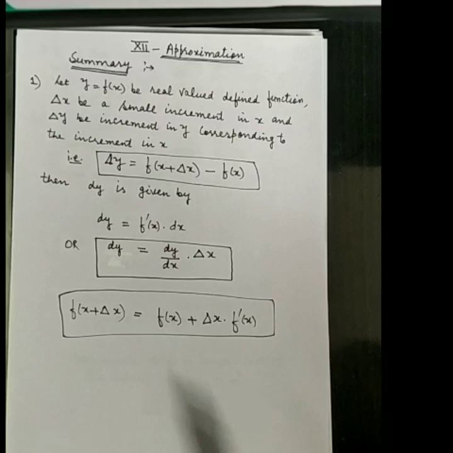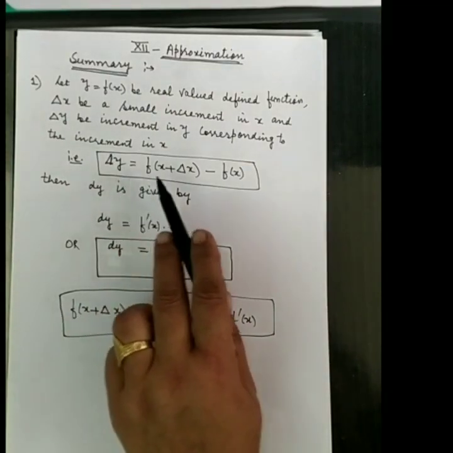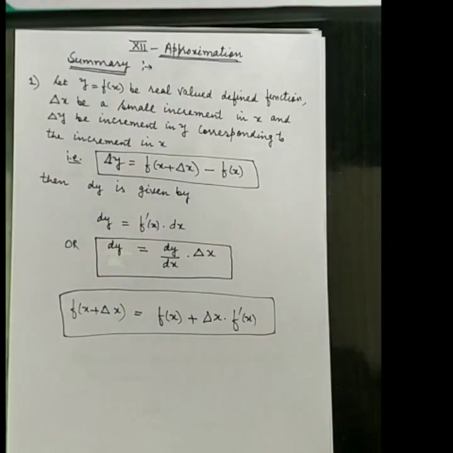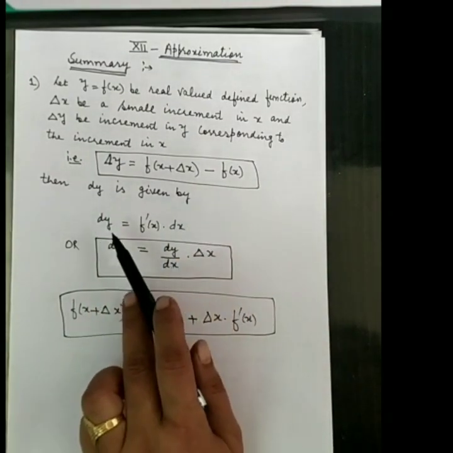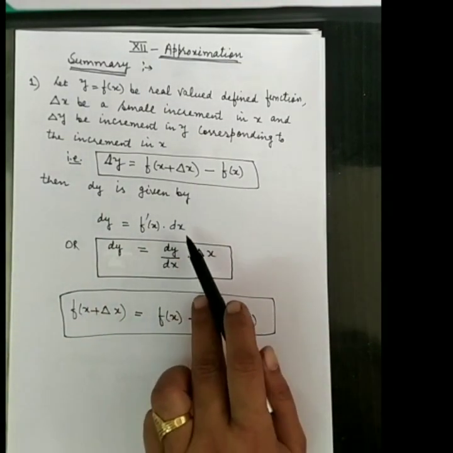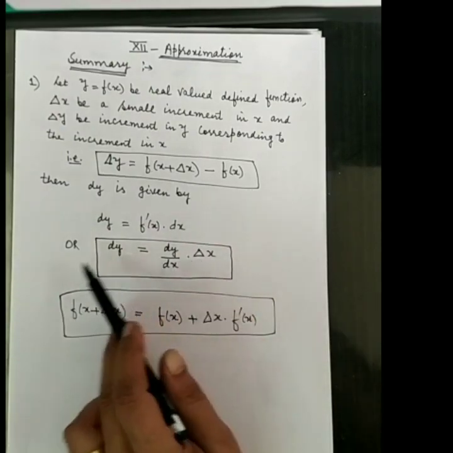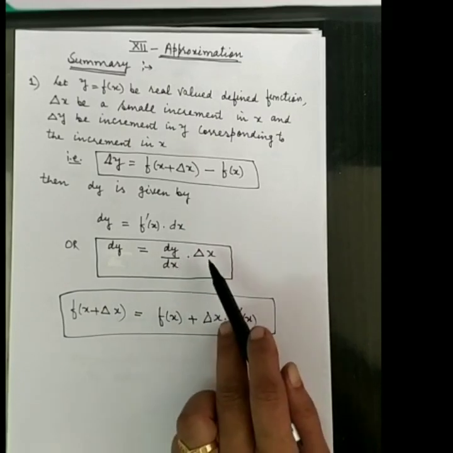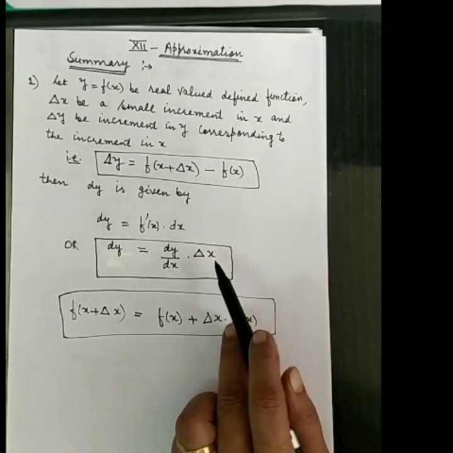Then change in y, that is delta y, will be f of x plus delta x minus f of x. Then dy will be f dash x into dx. Or we can say dy is equal to dy by dx into delta x.